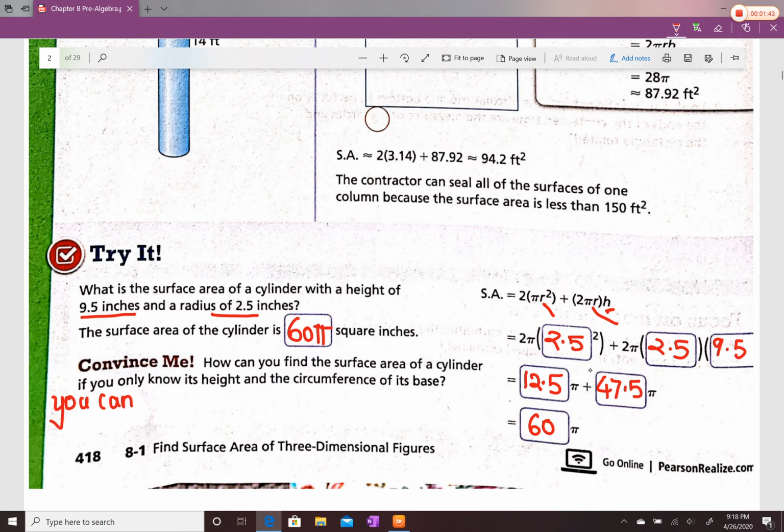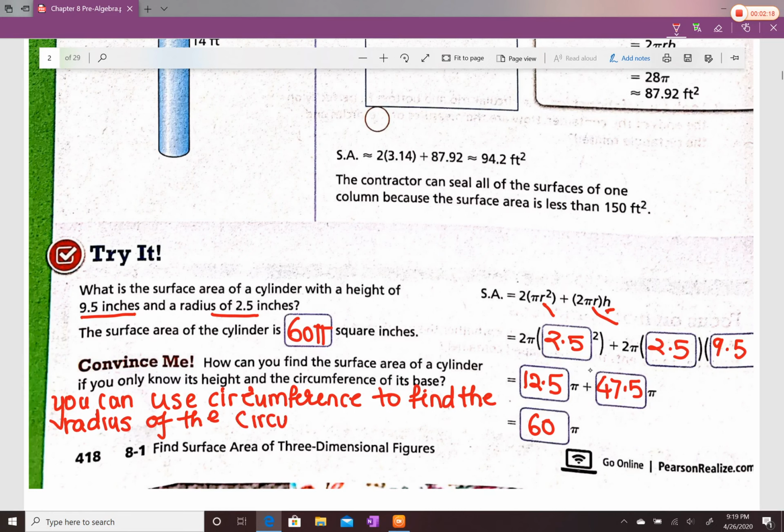You can use the circumference to find the radius of the circular base, the circumference.